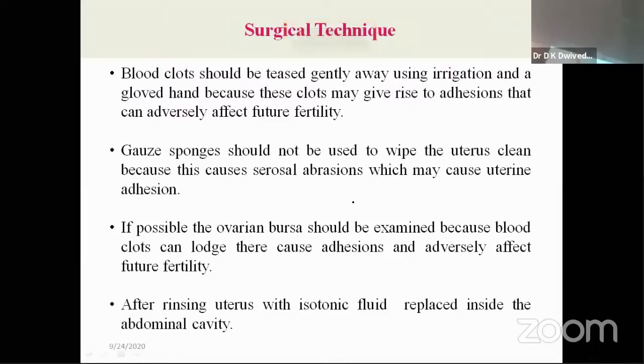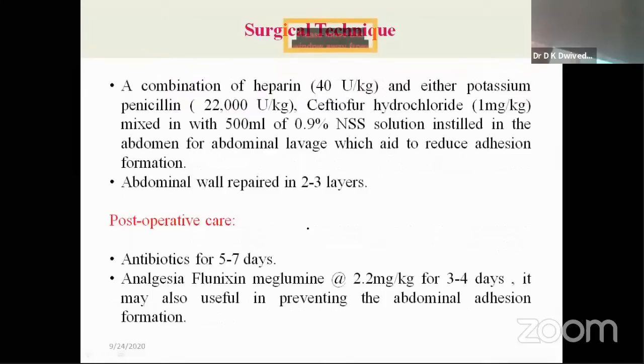Now, after rinsing the uterus with isotonic fluid, you have to replace it into the abdominal cavity. And according to the literature, I have found that if you instill a combination of heparin, antibiotic and NSS, normal saline solution, into the abdominal cavity for abdominal lavage, this will help reduce the adhesion formation, so that you can achieve your C-section goal, that is the preservation of future reproductive efficiency of the animal.